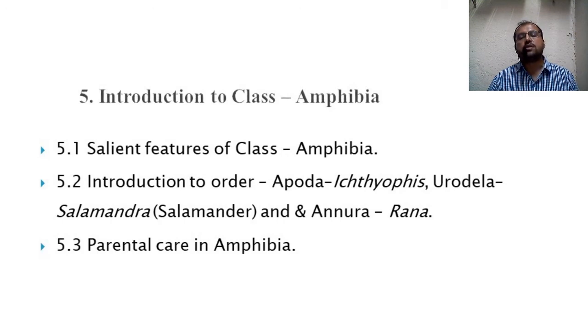And the third order is Anura, the highly developed amphibians. Example is Rana or frog, which have the tetrapod structure. So this is about the different orders of class Amphibia.